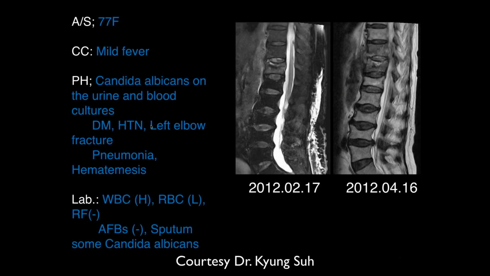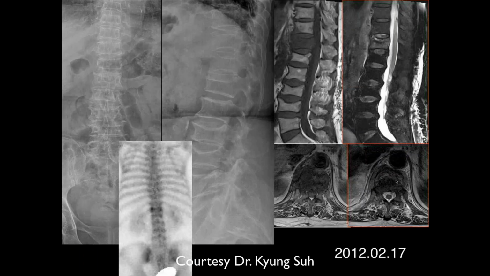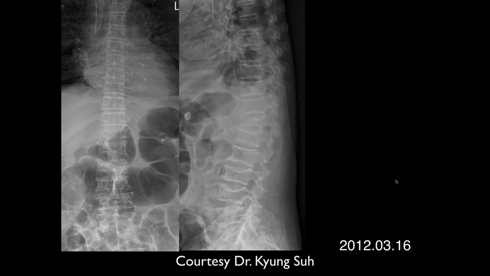This is 2/17, and then 2/17 and 4/16. So 2/17, okay, it's like a complete vertebral involvement. Most likely it's osteomyelitis with some epidural extension and collapse of the vertebra.